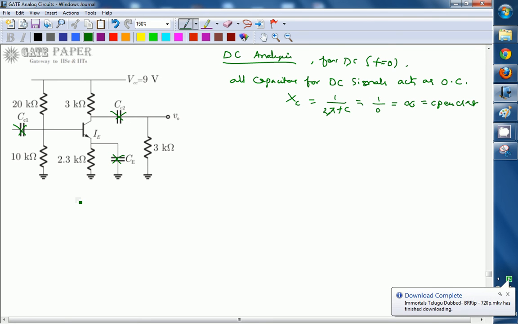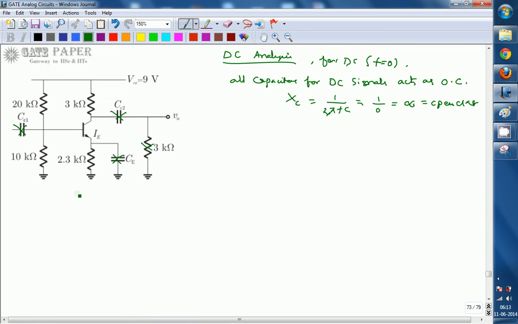Now the circuit consists of only these two resistors at the biasing side and the 3 kilo ohm resistor at RC. The 2.3 kilo ohm resistor at RE will not come into the picture for the DC analysis.